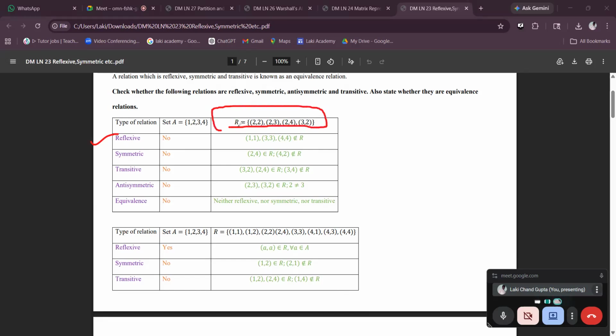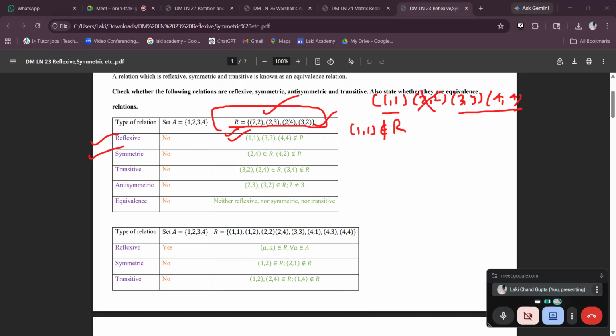In this relation, you do not have 1 comma 1, right? So this is not reflexive. It is reflexive only when this set also contains 1 1, 2 2, 3 3, and 4 4. But 2 2 is already there, so you can exclude this. Understood?